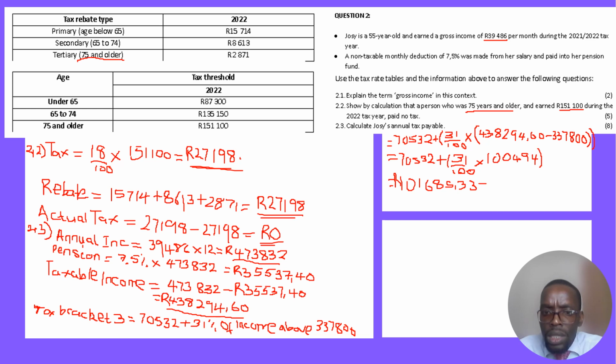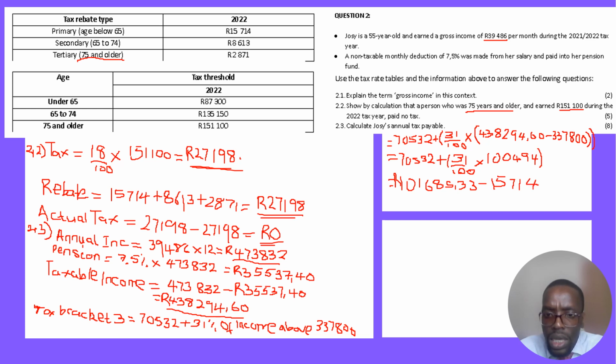This person is said to be 55 years, which is below 65, so qualifies for the primary rebate, and we are just subtracting 15,714.